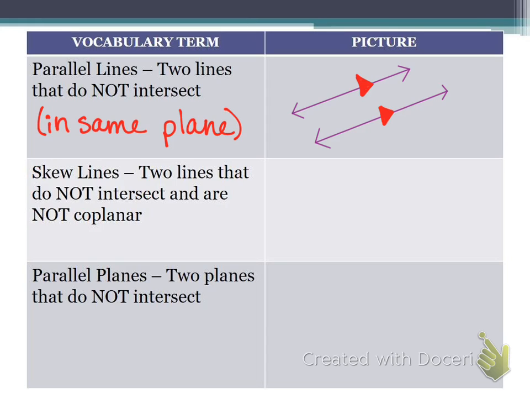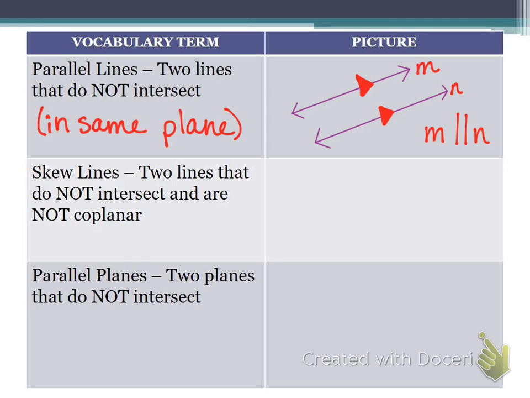Okay, there's also a symbol, so if I call these lines M and N, I could say that M is parallel to N. It looks kind of like an 11 or a pause sign. 2 lines, usually they're straight up and down. Some older textbooks might have them a little slanted. That's our symbol for parallel.